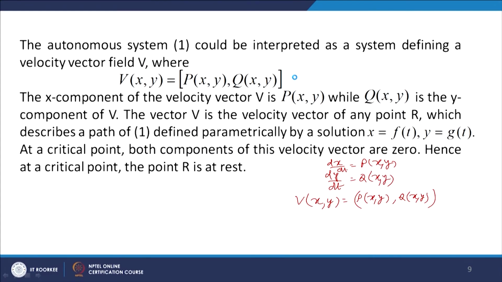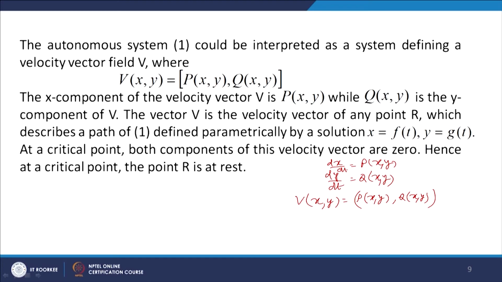And at a critical point both components of this velocity vector are 0, because we know that at a critical point P(x,y) is 0 and Q(x,y) is 0, that means dx by dt and dy by dt, both the components of this velocity vector, are 0, and therefore we say that the point R is at rest.